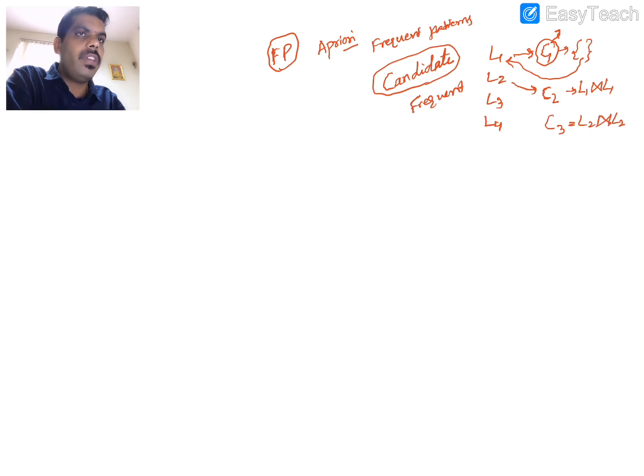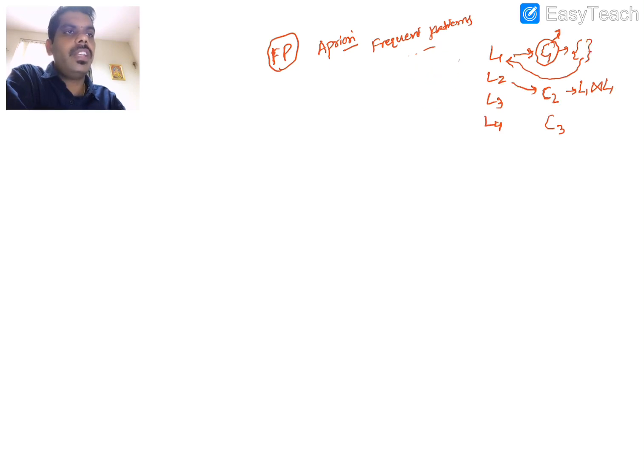This is the way we create frequent item sets in the Apriori algorithm. The drawback is that in each and every step, candidate sets have to be generated. That is the major drawback of the Apriori algorithm.